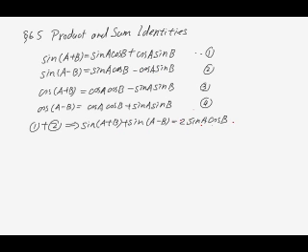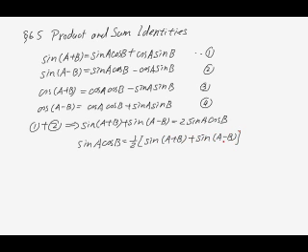Now let's switch both sides and divide both sides by 2. So we have sine A times cosine B equal to 1/2 times the quantity sine of A plus B plus sine of A minus B. Let me call this identity 5.